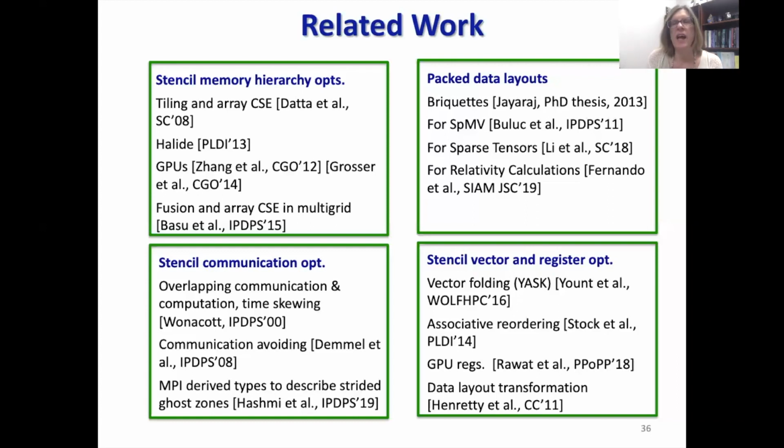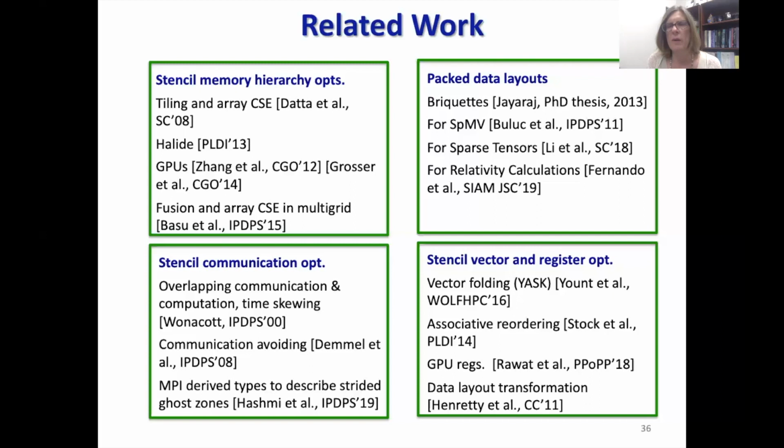I want to end this slide by talking about packed data layouts. Briquettes is a similar idea, also applied to stencils, but not including many of the optimizations that we discussed, not worrying about vector code generation, not moving the layout around for communication.